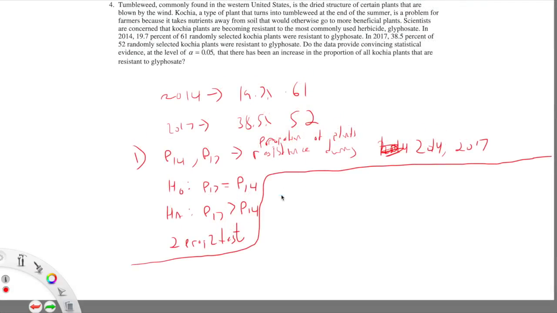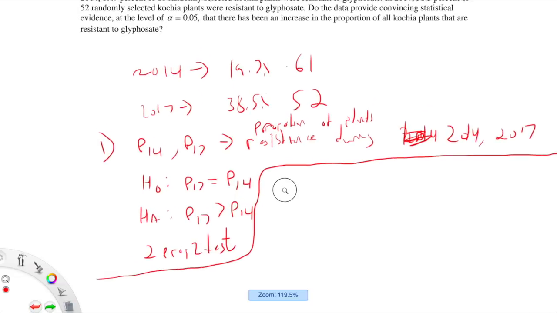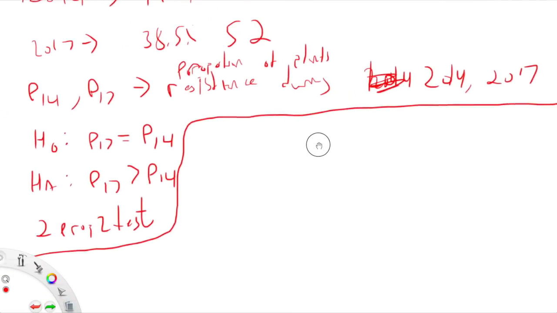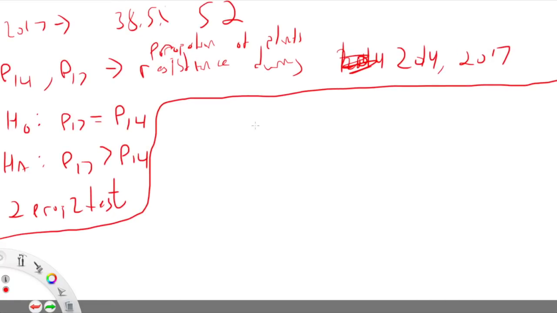Now, the second part of the problem actually has two parts. One is checking the conditions for executing our 2-prop-z test, and the second is to actually execute it. So in the first part, we'll call that 2A, right? We want to check that the sample is randomly selected, that it's approximately normal, and that the samples are independent.